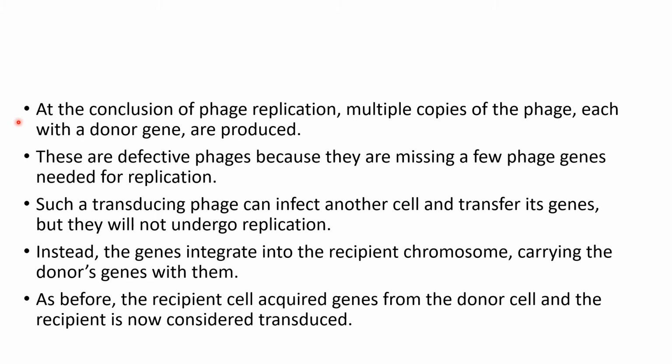At the conclusion of phage replication, multiple copies of the phage gene will be formed along with the donor gene in it. Okay, these are called defective phages because they are missing a few phage genes needed for their own replication, because they have left behind some of their own genes with the bacterial DNA, right? So they are going to be called defective phages.